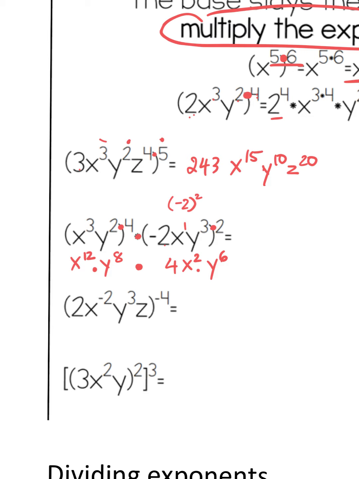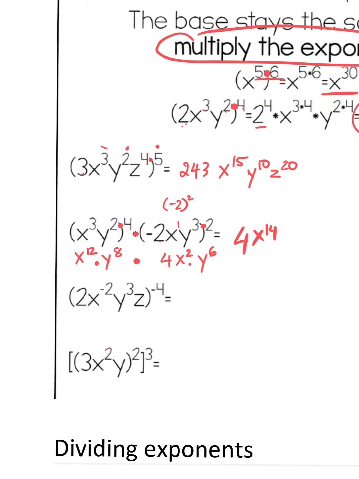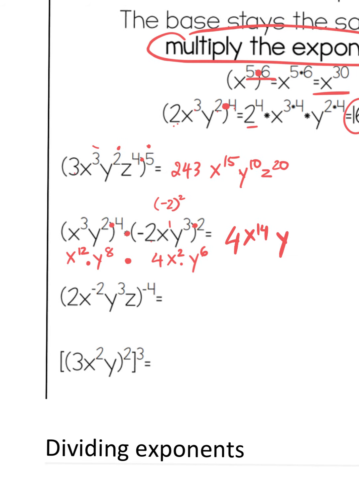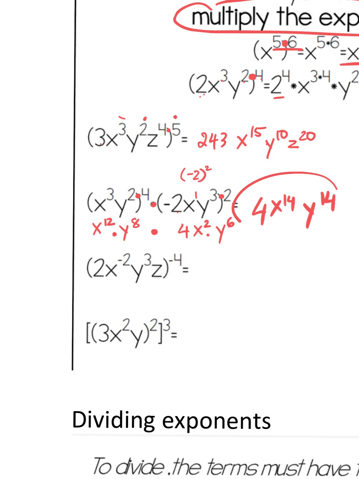We will have x 14 because 12 plus 2 is 14. The number 4 is by itself, so we have 4 times x 14. For y 8 and y 6, you add them as exponents, and you have 14 as well. Okay, next one, and then we're done.